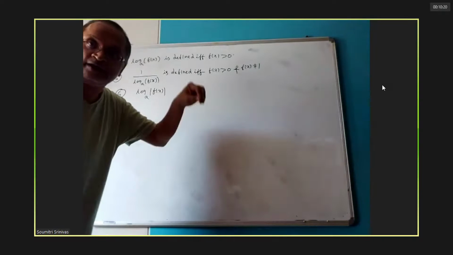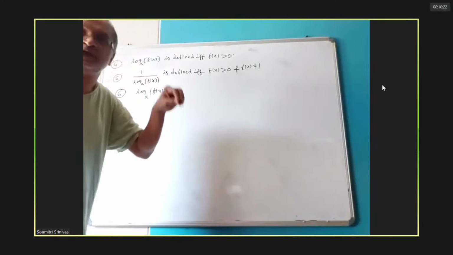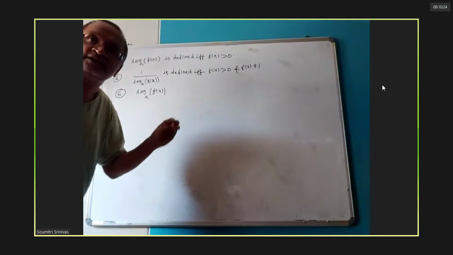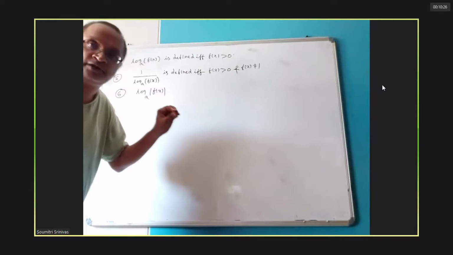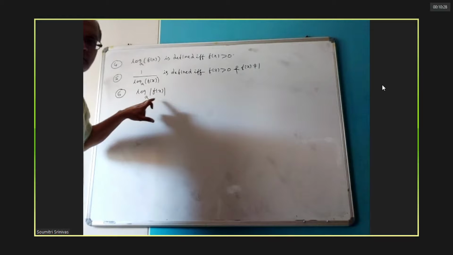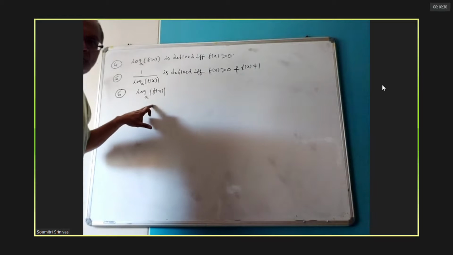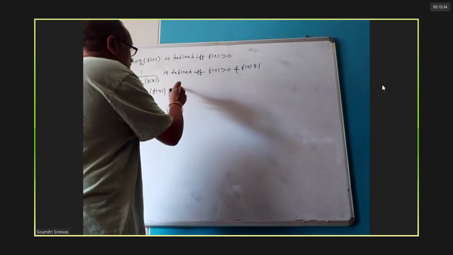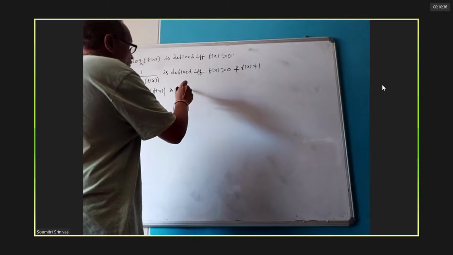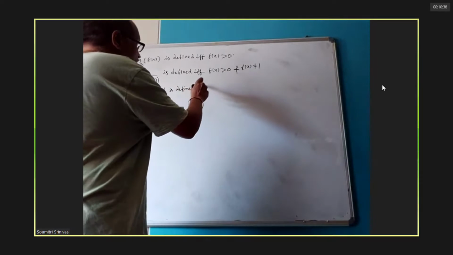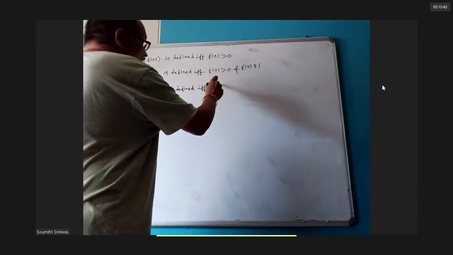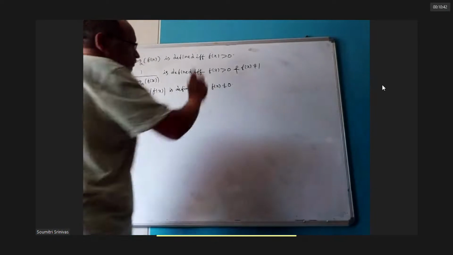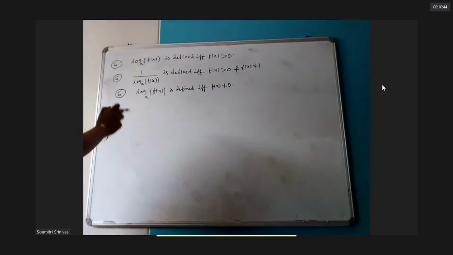So whatever is negative, because of the modulus, negatives also become positive. Therefore, there is no problem. But what is the only trouble? F of x cannot be 0. F of x not equal to 0.